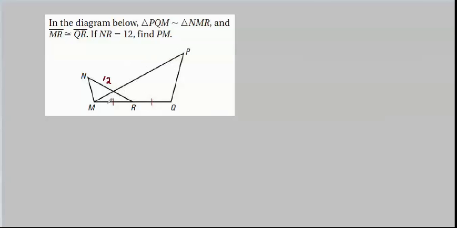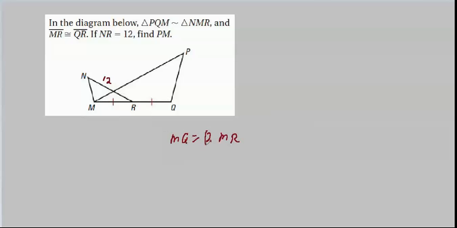Well, this segment is just MR. That means this segment here, without any numbers, we don't know what it is, but we do know that this segment is two of these. They're both congruent, so MQ equals 2 times MR, or MQ over MR equals 2.